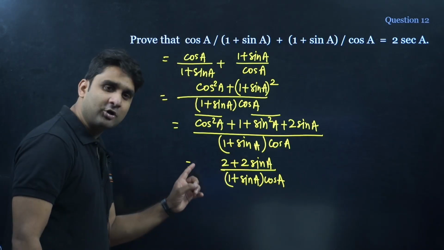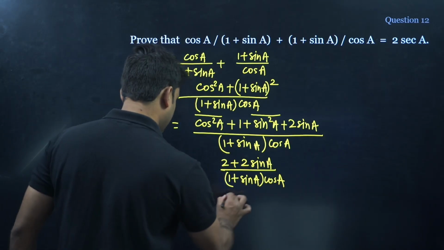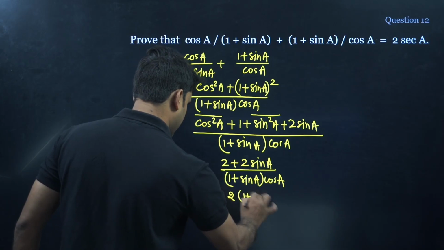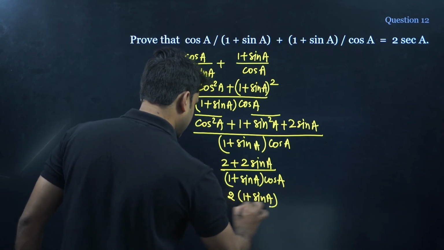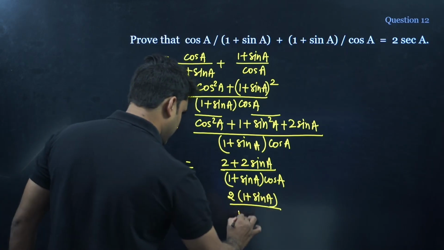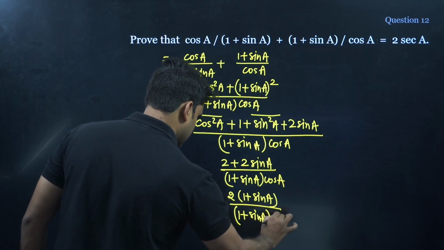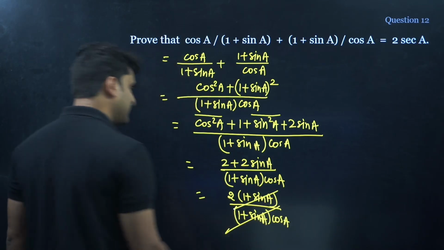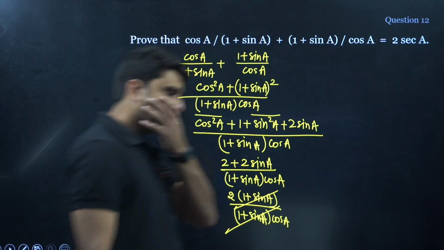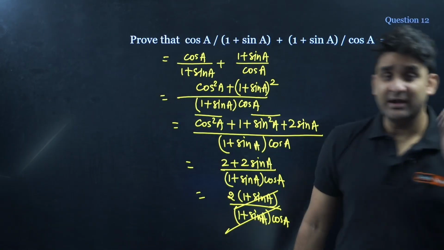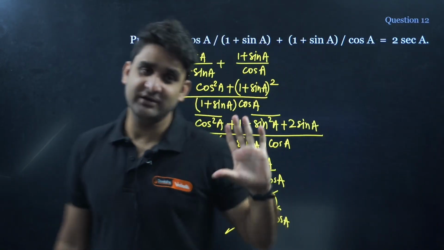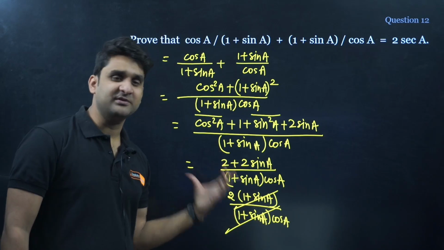Can we take 2 as common, guys? We can take 2 as common. So on taking 2 common, we have 1 plus sin A, and in the denominator we have (1 plus sin A) into cos A. My dear, 1 plus sin A cancels because the entire bracket is present in the numerator as well as the denominator.